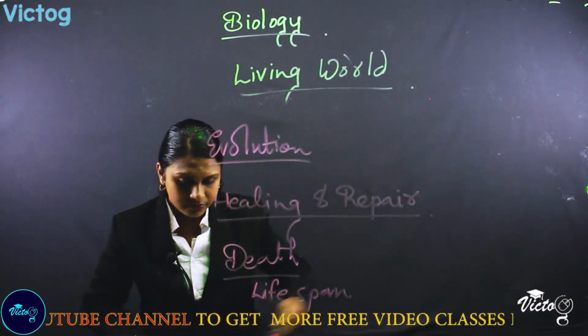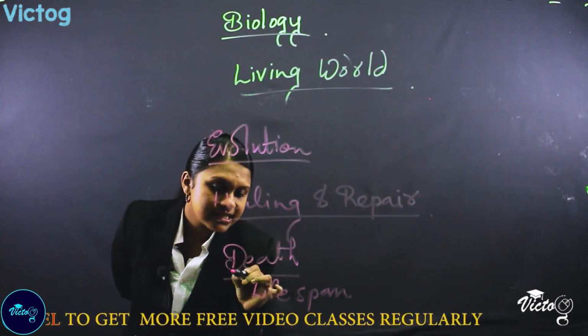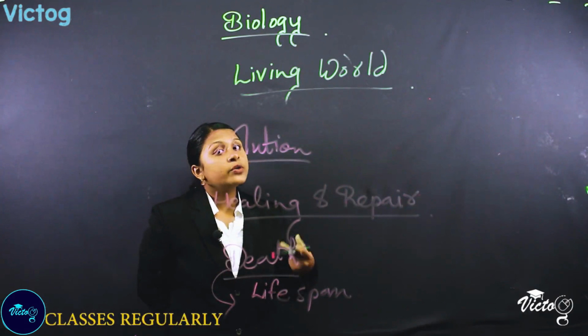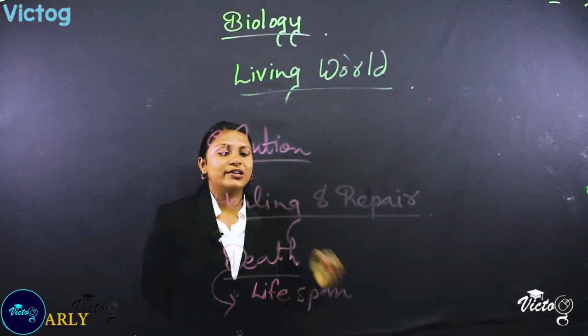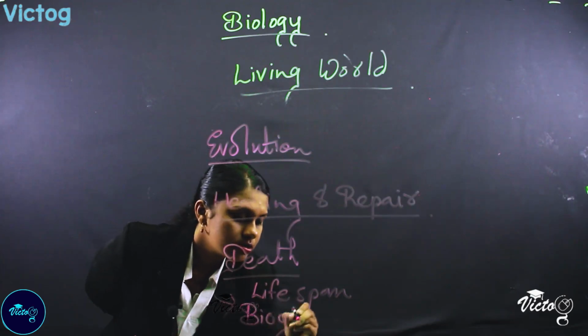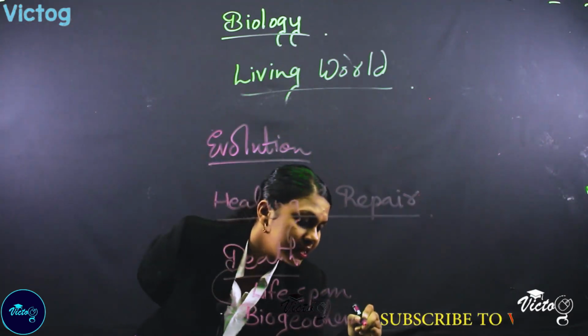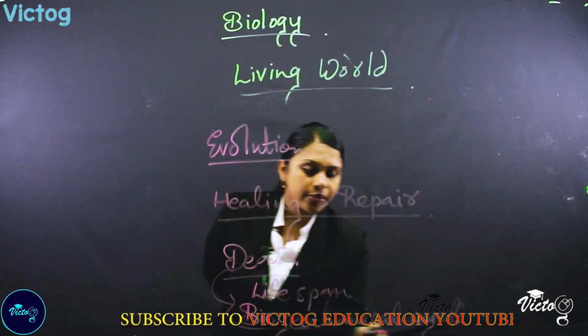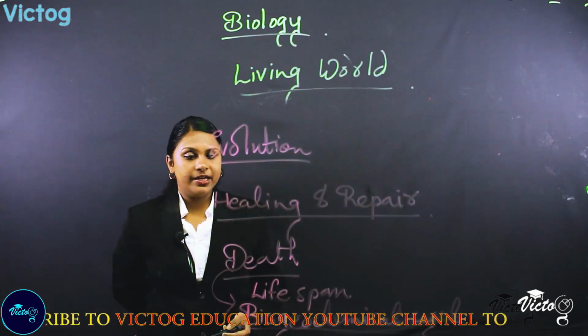So this is a character. Death is a character of living beings. Then after death, how can you distinguish living and non-living beings? By the biogeochemical cycle. This biogeochemical cycle occurs only in living beings.